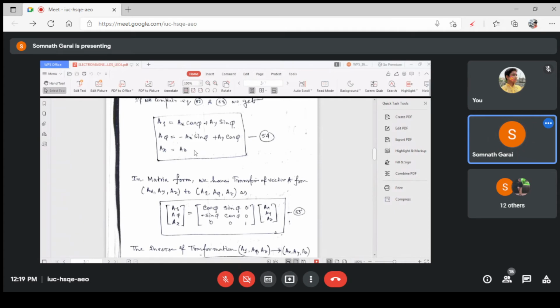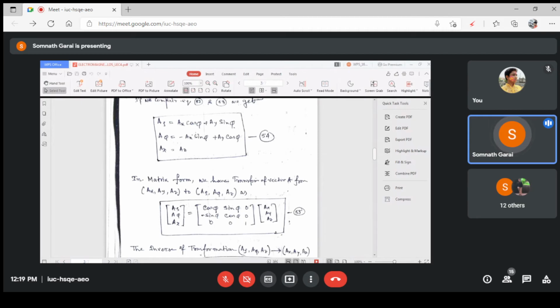Similarly for the component of az, the two components of ax and ay are equal to 0. Only one component is present, that is az, whose coefficient is 1. That's why the third row is 0, 0, 1, multiplied by ax, ay, az.